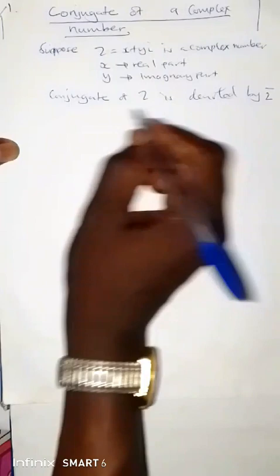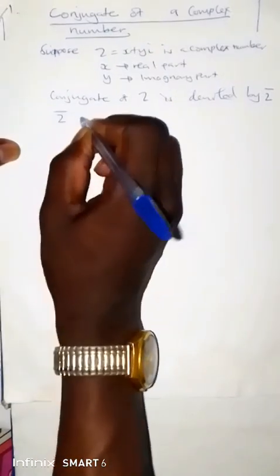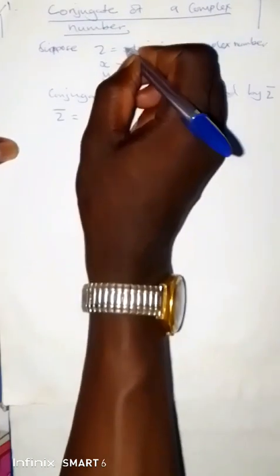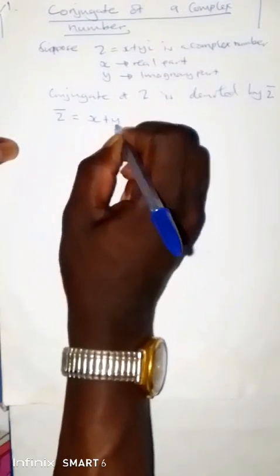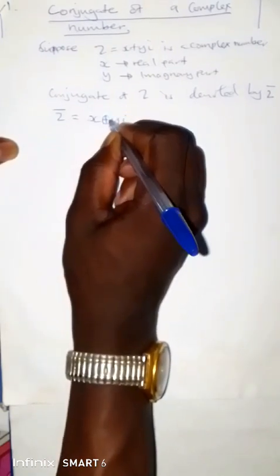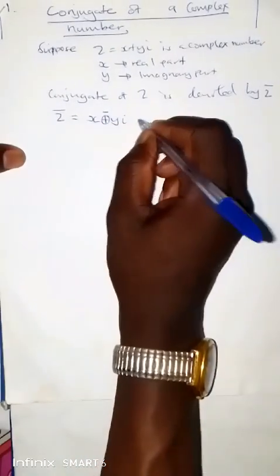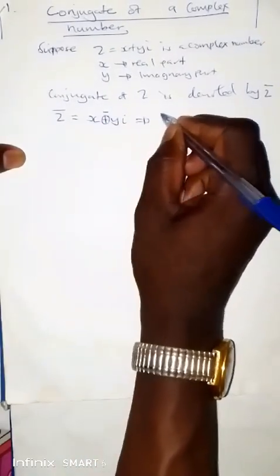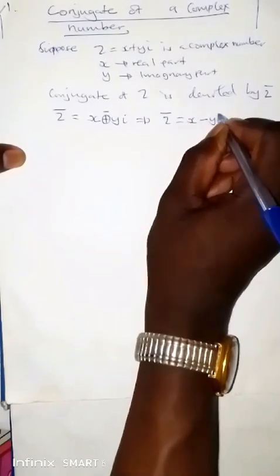So if you are denoting z bar, then your z bar is, you come and write this one, which is x plus yi. In this case, you come here and you change it, it becomes a minus. In other words, we are saying that z bar equals x minus yi.